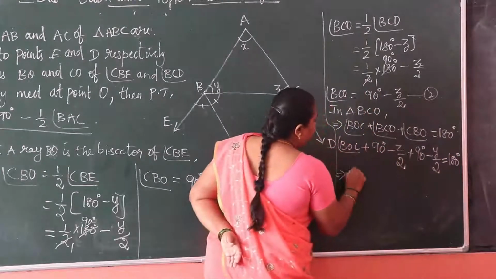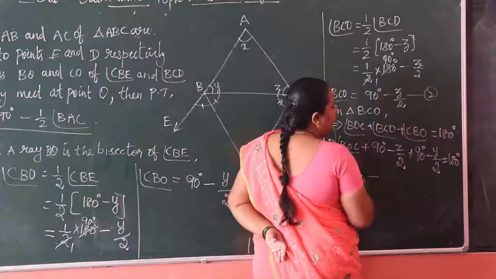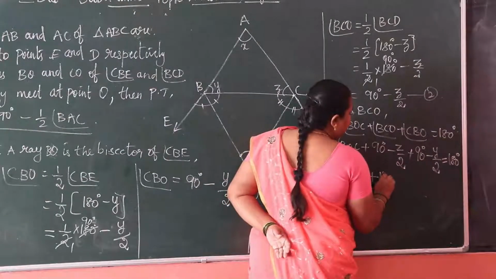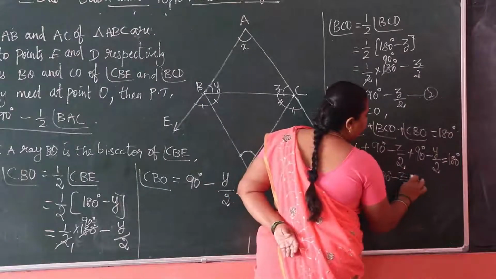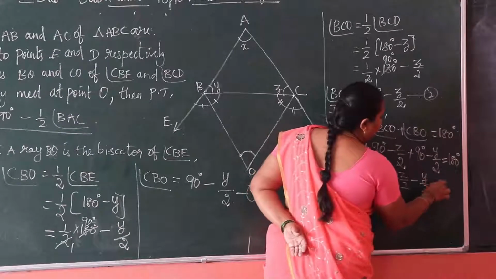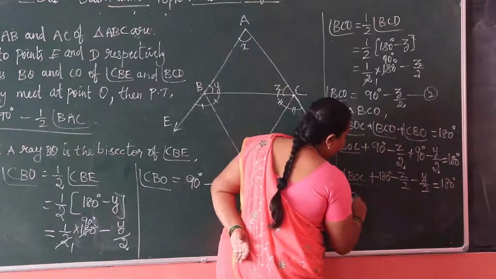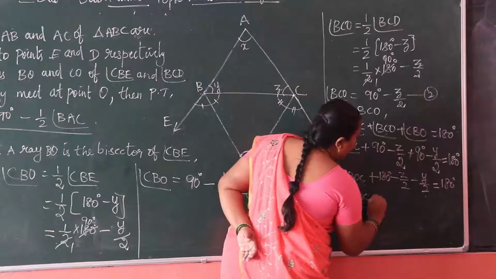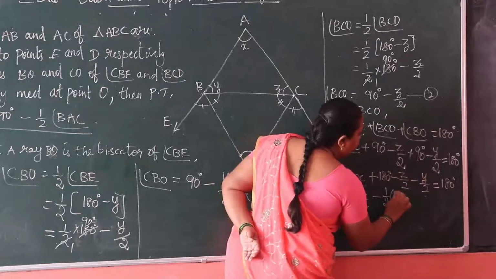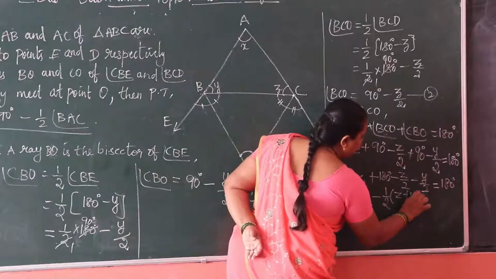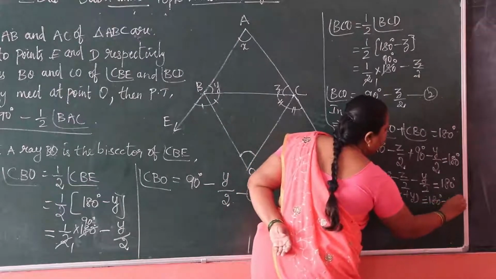So we want to find out angle BOC. That is 90 plus 90, 180 degrees, plus 180 degrees minus Z by 2 minus Y by 2, equals 180 degrees. So here we have angle BOC minus 1 by 2, we can take out commonly, Z plus Y, equals 180 minus 180 degrees.